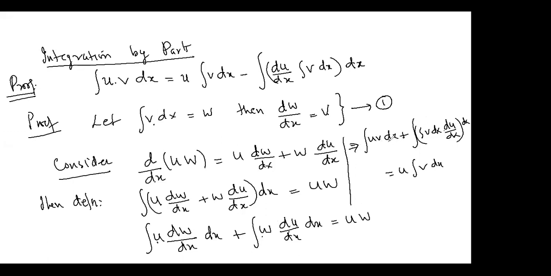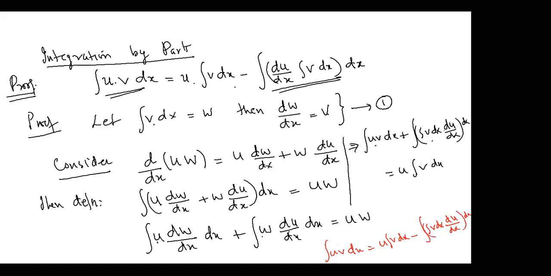So now what I've done, this is your left hand side, this is your right hand side second term, and this is your first term of right hand side. So from here, integral u v dx is equal to u integral v dx minus integral of integral v dx into du by dx, whole into dx.